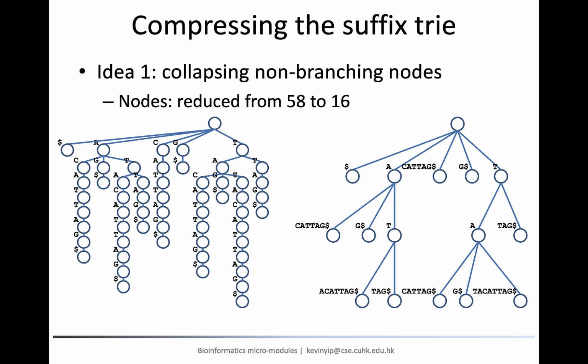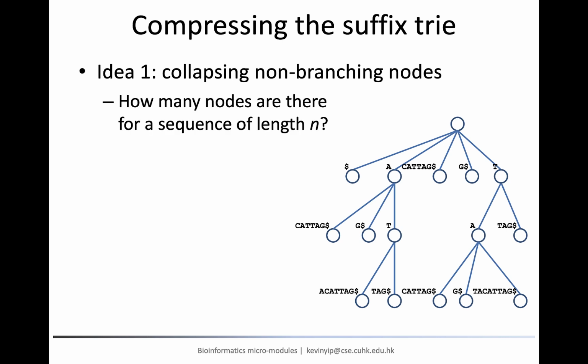Although this reduction from 58 nodes to 16 nodes in our example is great, in general, does this merging step reduce the space complexity? To answer this question, let's think about the maximum possible number of nodes remaining after the merging step. This seems difficult to determine because the number of nodes at each level of the suffix tree varies from sequence to sequence.